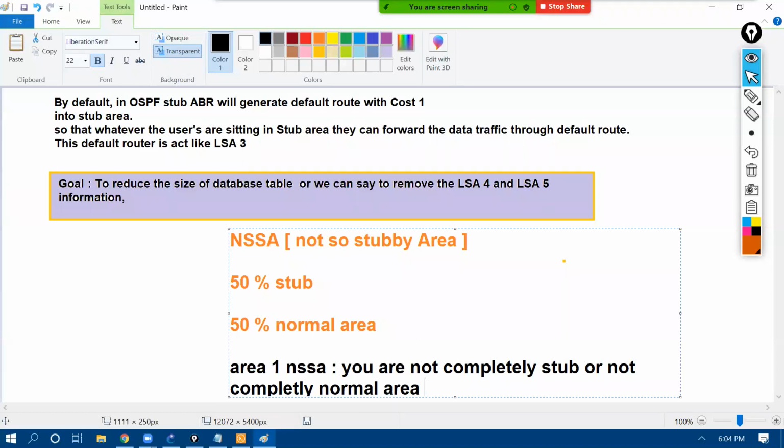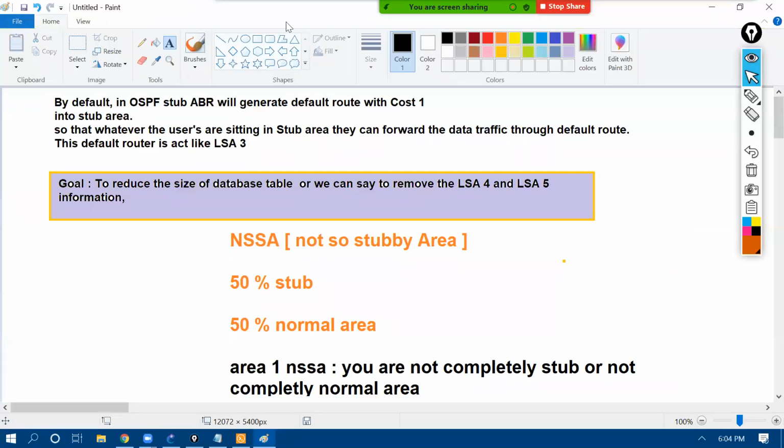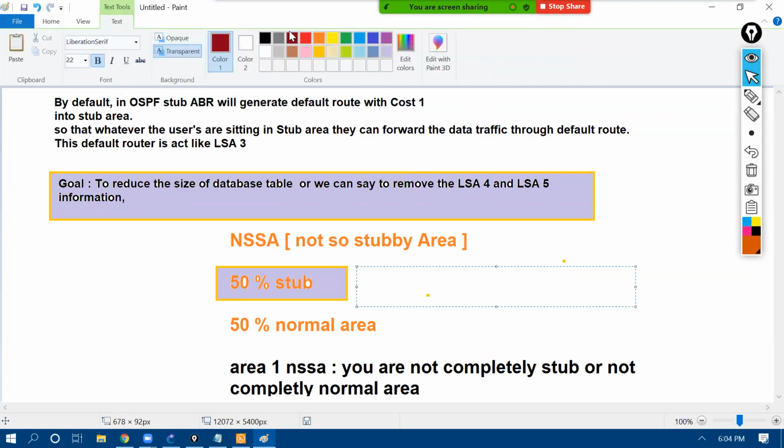It means that, still, I say 50% stub, it means that you still have the capability to achieve the same goal, that is configured over there, right? To reduce the LSA 4 and LSA 5 information. Not reduce, remove.